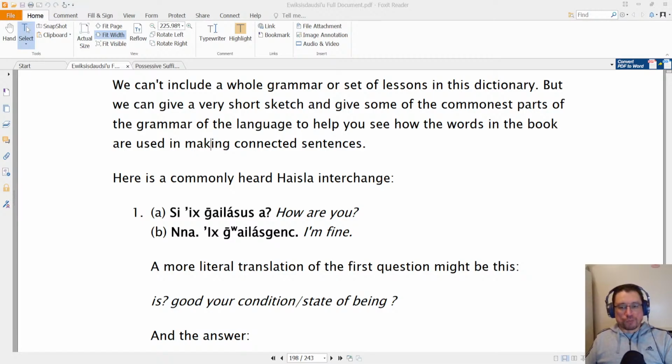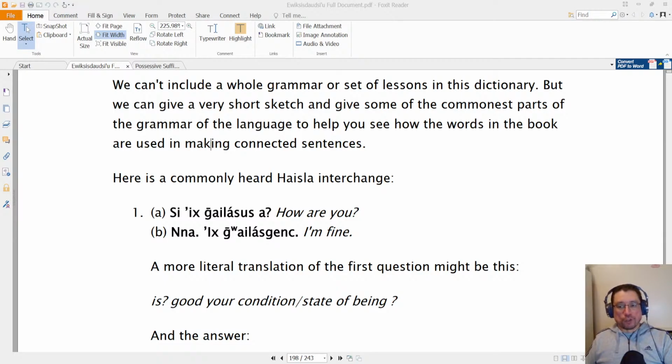This is something that goes beyond just looking at single words. There's something called morphology, and that's basically when parts of words change when they're surrounded by other words. So that's a very common thing that happens in Haisla. That's a common feature, is that one word will change the word structure of another word. That's something that happens a lot in the Haisla language.